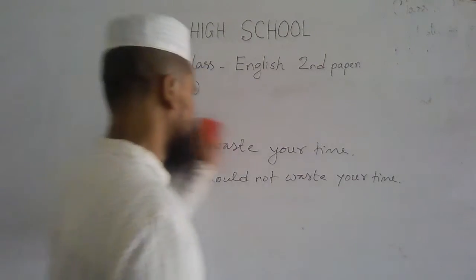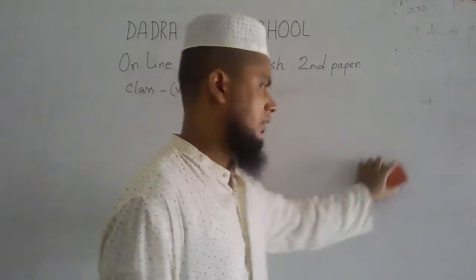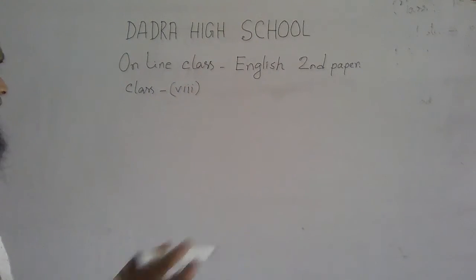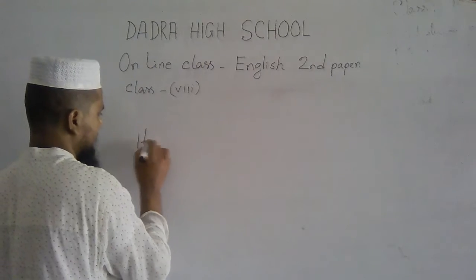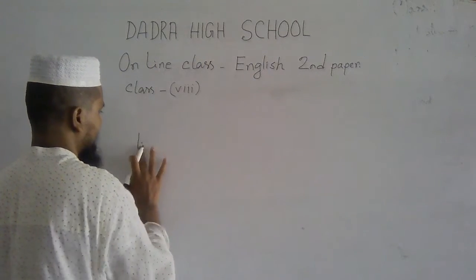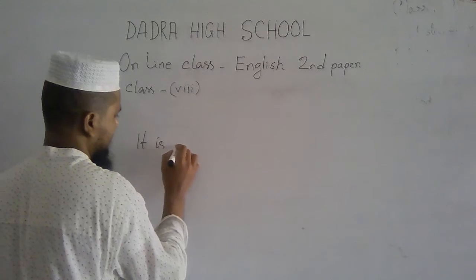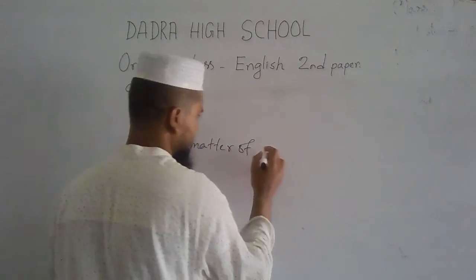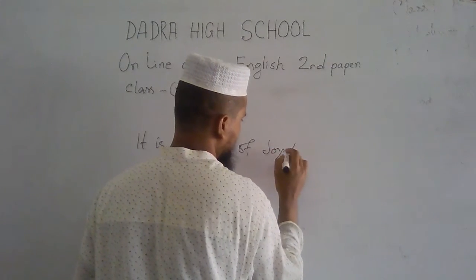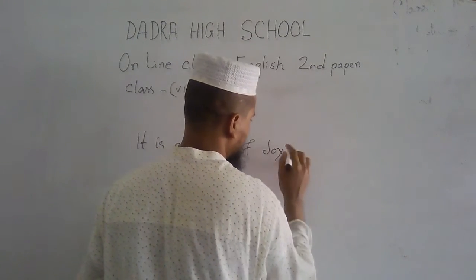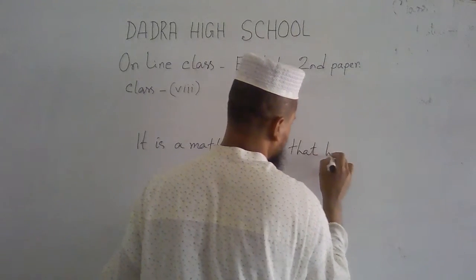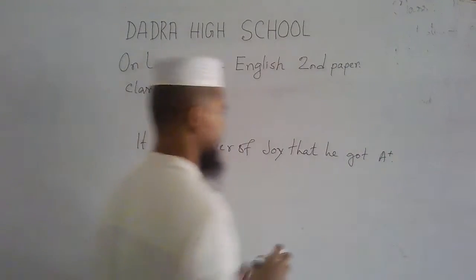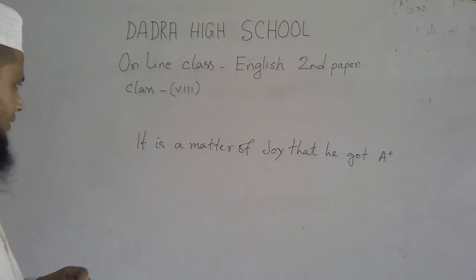Next, I will show you how to change assertive into exclamatory. If the sentence starts, it is a matter of joy that we got A plus. This is an assertive sentence.